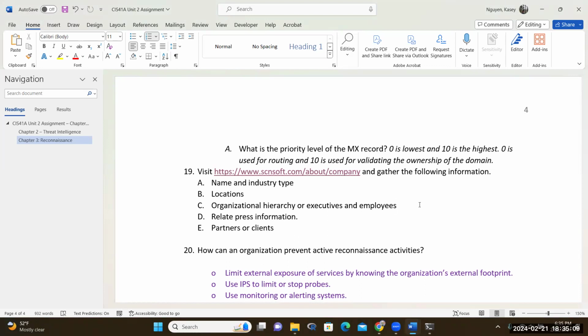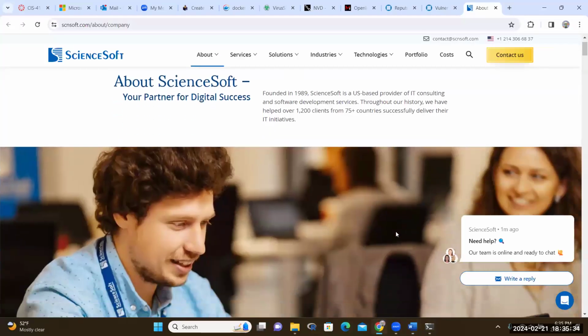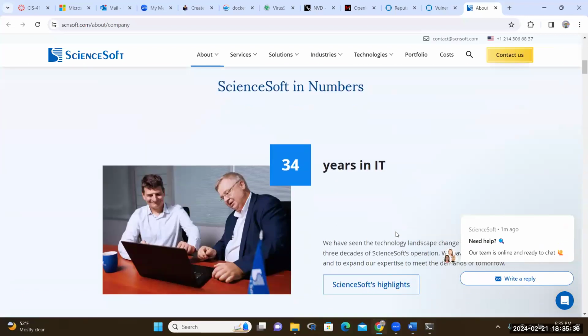But from an ethical hacker standpoint or an analyst standpoint, we want to identify those because they play important roles in decision making. Not only that, they might play a good role for security measures, and then related press information and partners. So when we visit the site, right, we can look, they are an IT service company.